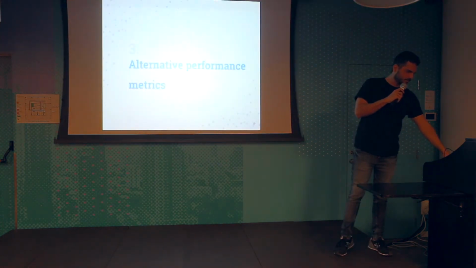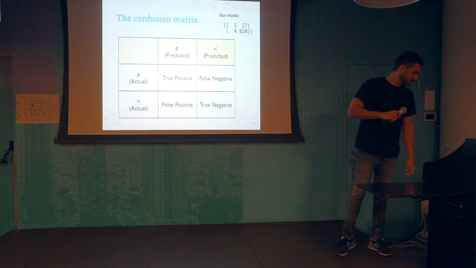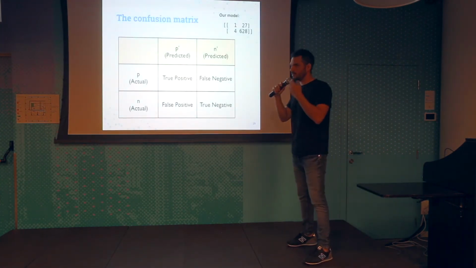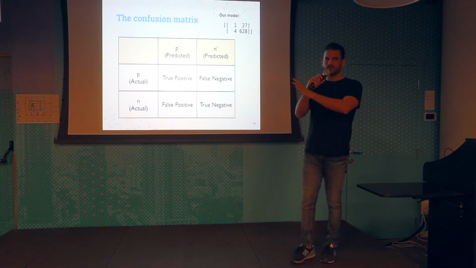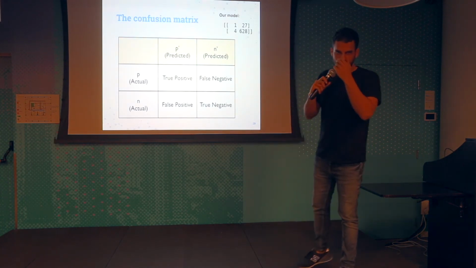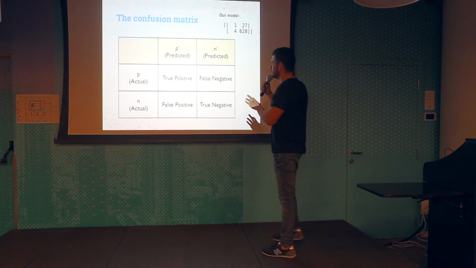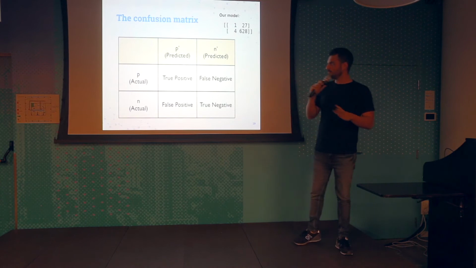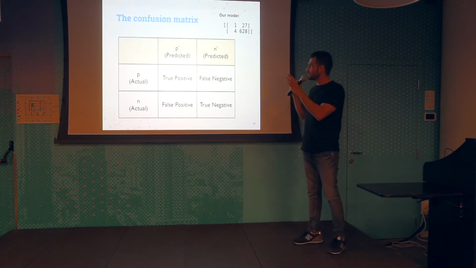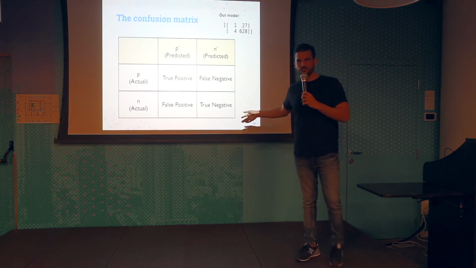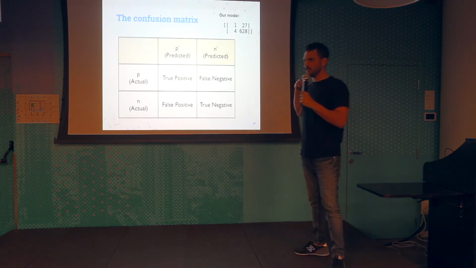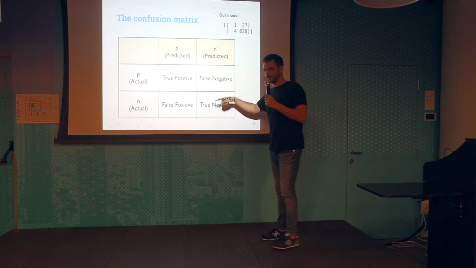Luckily, we're here to talk about alternative performance metrics. To talk about this, the segue, this is the bread and butter of classification: the confusion matrix. Everyone in this room has to be familiar with this. It's a 2x2 matrix, and every data point fits in exactly one square.